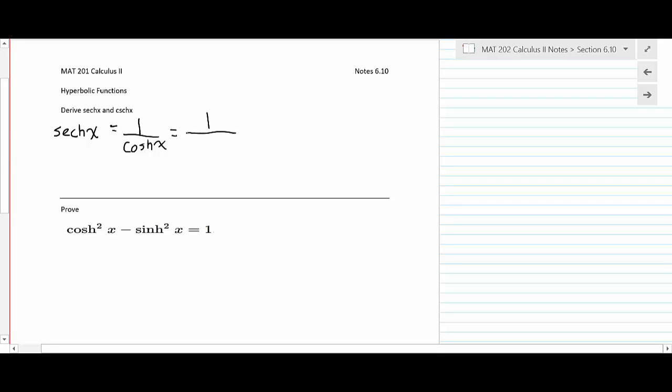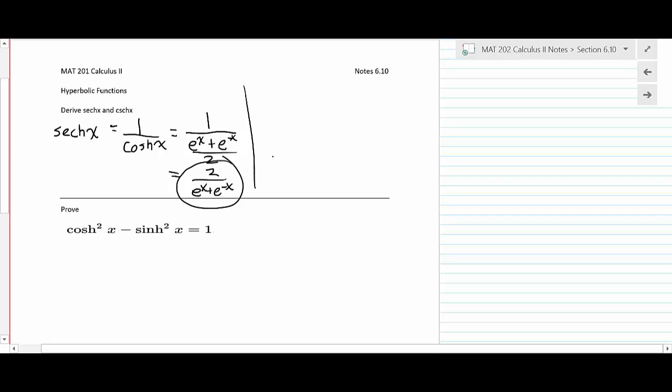The hyperbolic cosine gets replaced with (e^x + e^(-x))/2, like that. Now see, all you're doing is the reciprocal. So the reciprocal would be 2 over (e^x + e^(-x)), like that. That's what hyperbolic secant is. All right? Take a reciprocal, just like you did in trig.